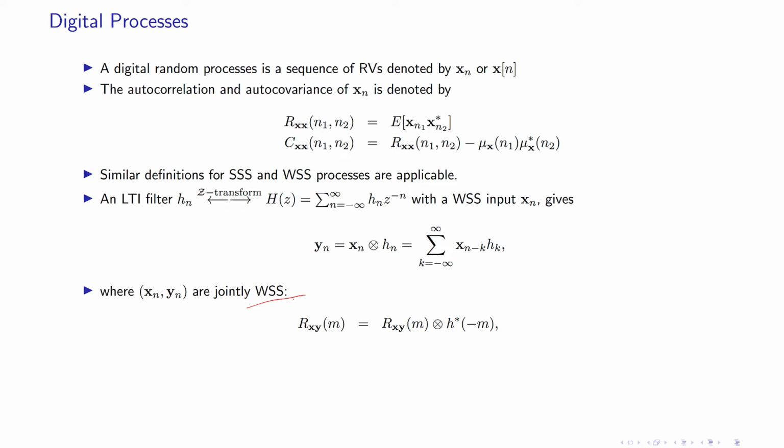The autocorrelation function of the output is the convolution of the input autocorrelation with another term. So remember that this x here is converted to this y, and because we put a conjugate on the second one, we have to convolve this function with a conjugate, and because this applies on the second term, we have to put a negative here in order to convert.